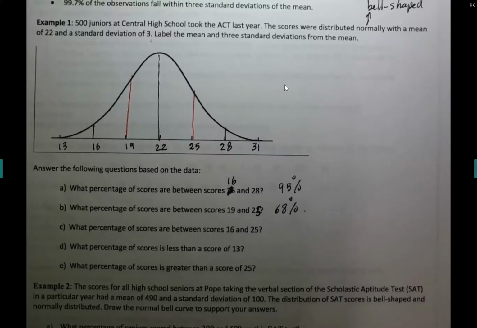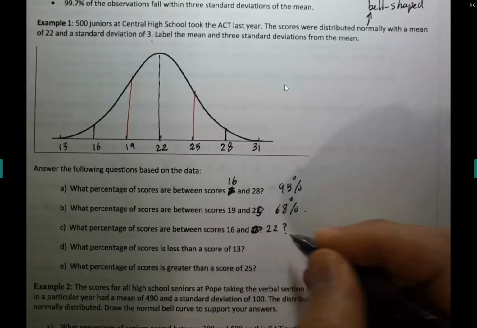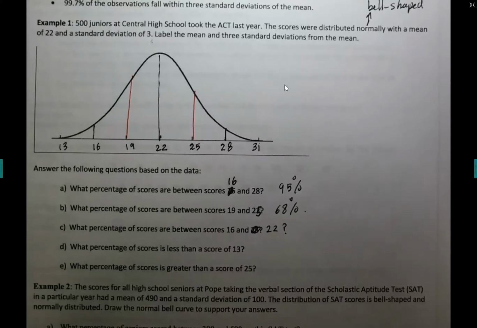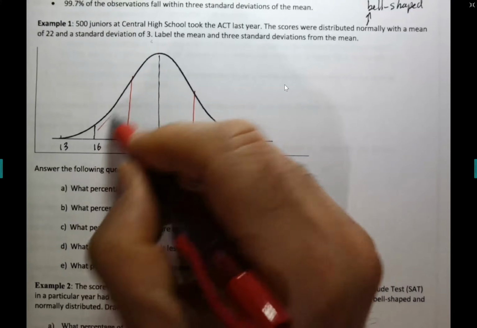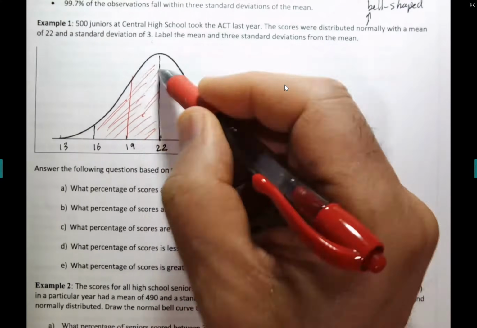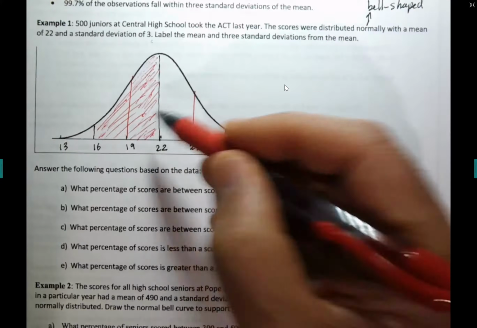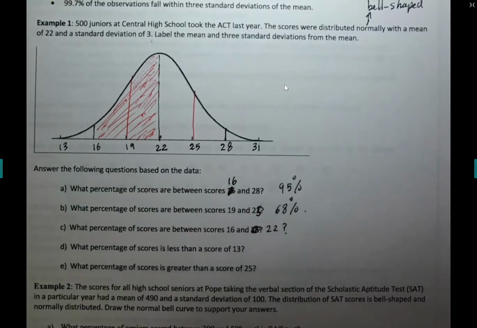What percentage of the scores are going to be between 16 and, I'm going to change this one to, 22? A little bit tricky, but it's not difficult. Would it still be 68? 68 is 19 to 25.